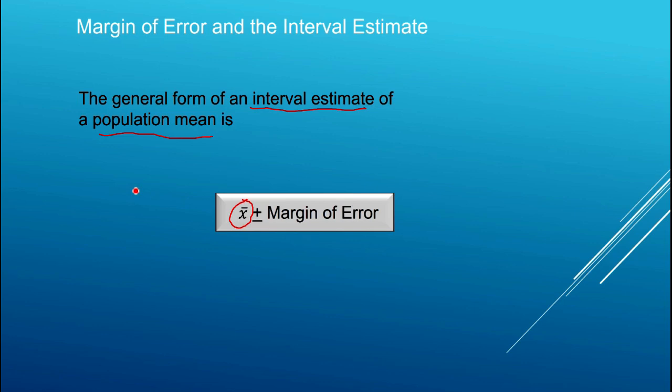So we don't know mu now, but we can pull a sample of a given size, lowercase n, and from that sample we can calculate x bar, our point estimate. We just add up all the different values in the sample and divide by the sample size to get the average. That we know is an unbiased estimator of the population parameter mu.